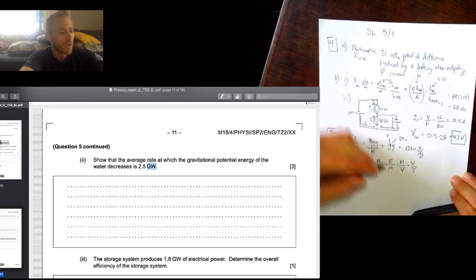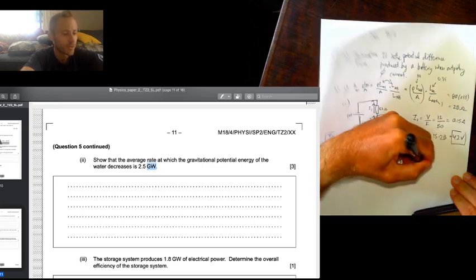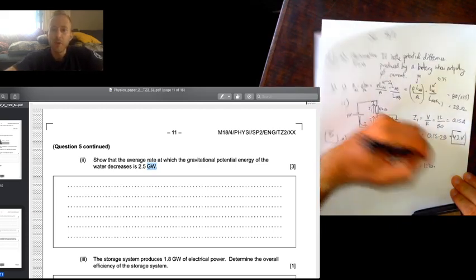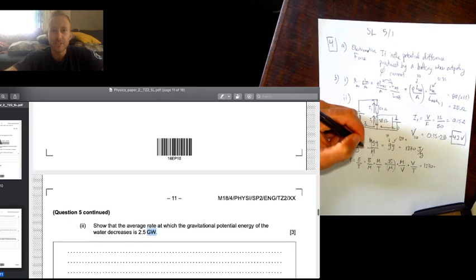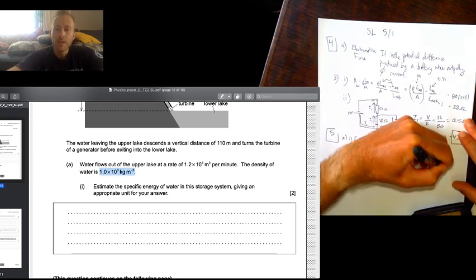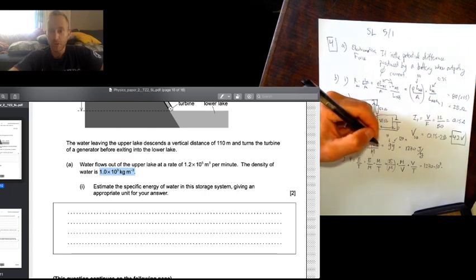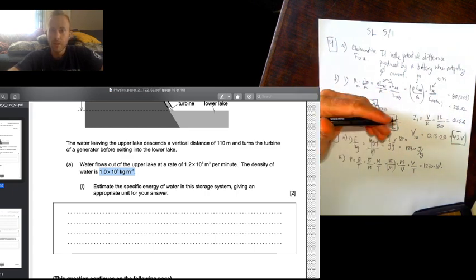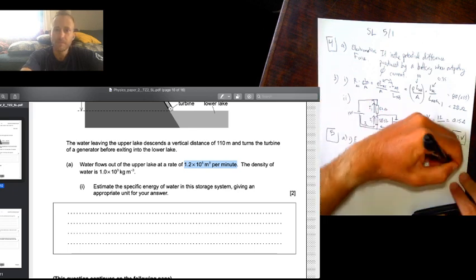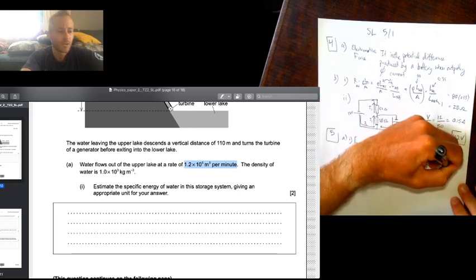The energy per mass, I just calculated, is 1270 joules per kilogram. The mass per volume is the density of the fluid, which I know is 1,000. And then the volume per time is this, 1.2 times 10 to the 5th cubic meters per minute.